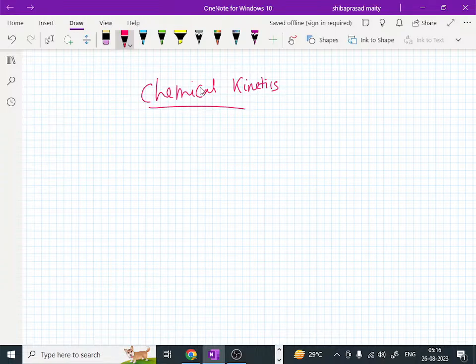In chemical kinetics, we have to discuss the one topic that is most relevant to CSIR NET, GATE and IIT JAM. That is the first order reaction.